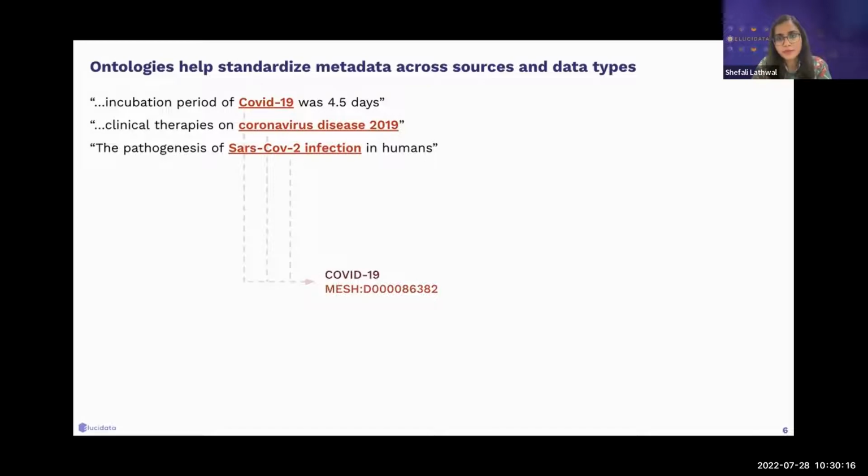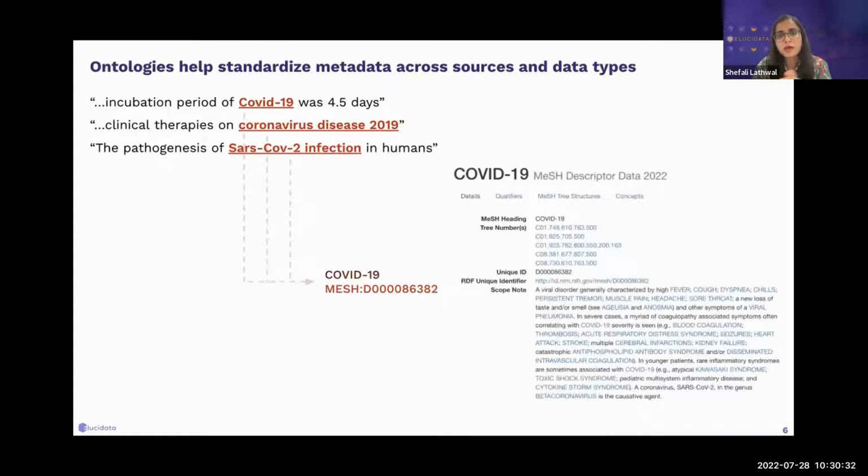So in this example that we are showing, we identified different ways of referring to COVID-19 and then mapped these different terms, different conventions to a standard disease ontology term, which in this particular case is from the Medical Subject Heading or MeSH ontology that we use for diseases.